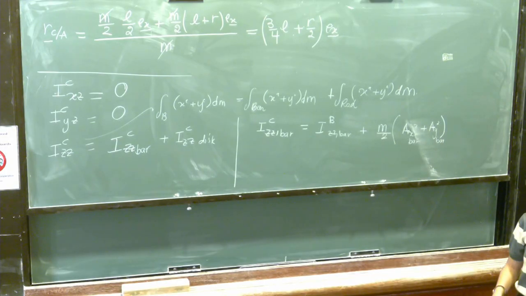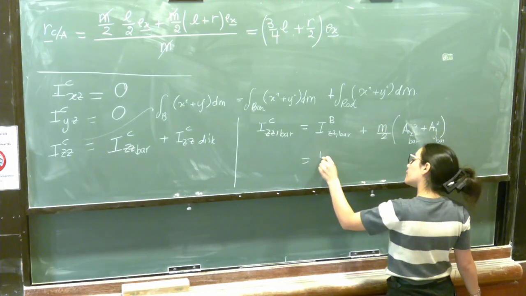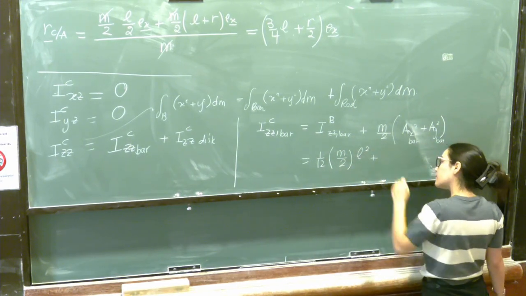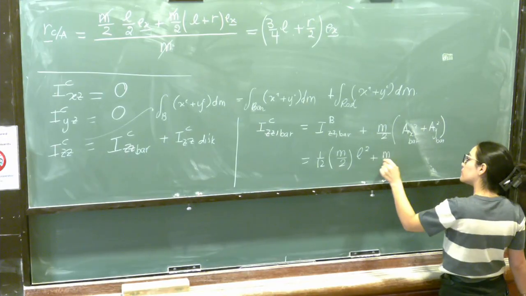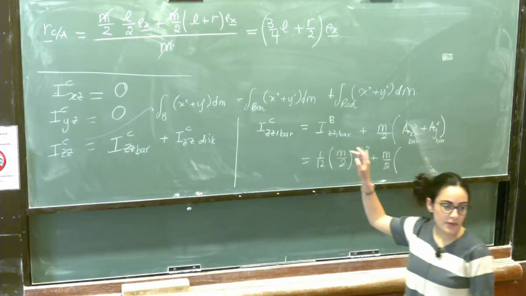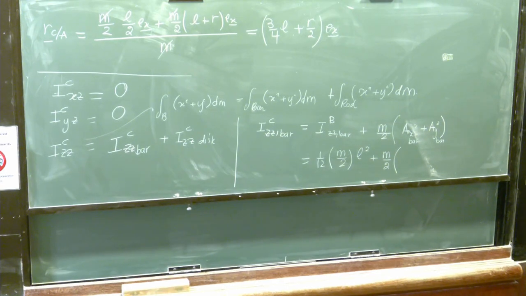What is the moment of inertia of the bar about its own center of mass? This you can find in the tables: 1/12. Be careful, the mass of the bar is m over 2, so m over 2 L squared, plus m over 2 times AX squared plus AY squared. What are AX and AY? These are the components of the vector from B to C. B to C or C to B does not matter because we're squaring the components.